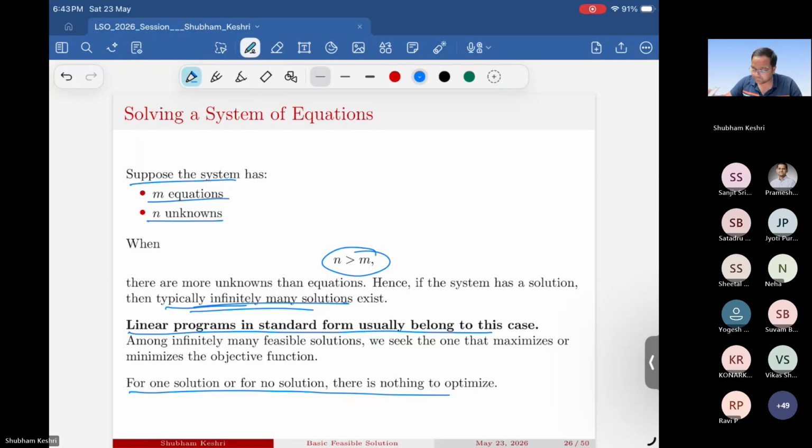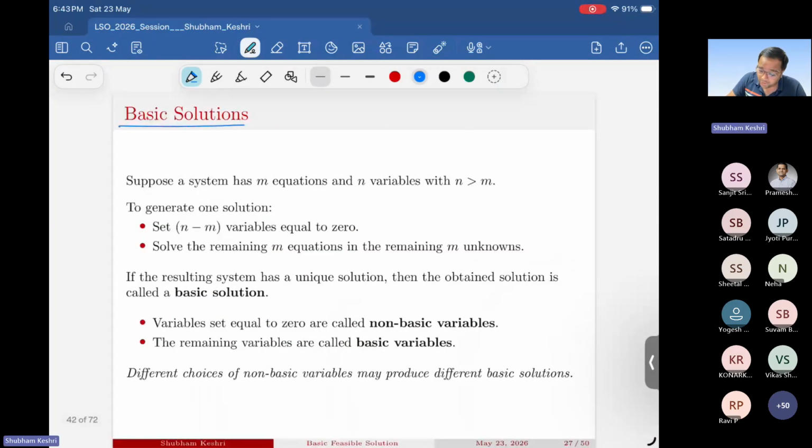Okay. All right. Now, basic solution. You have a system of equations with m equations and n unknowns, and your number of unknowns is greater than the number of equations you have. Therefore, we are assuming that we have a case of multiple solutions, or an infinite number of solutions. What we'll do is set n minus m variables as 0.